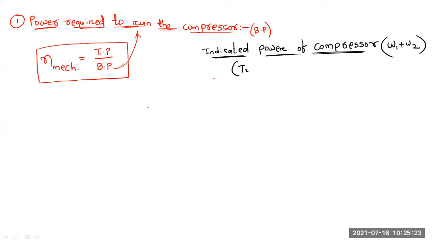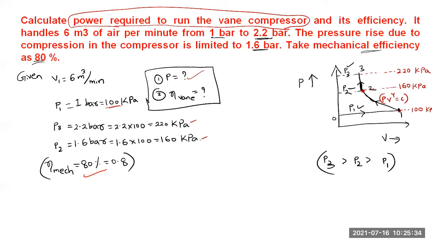Indicated power of the compressor means the total power or total work we are getting from the compressor. Okay. So during this process from point 1 to point 2, we are getting work done W2, and from process point 2 to point 3, we are getting work done W1. Okay. So if we add W1 plus W2, then it will give us the total indicated power.